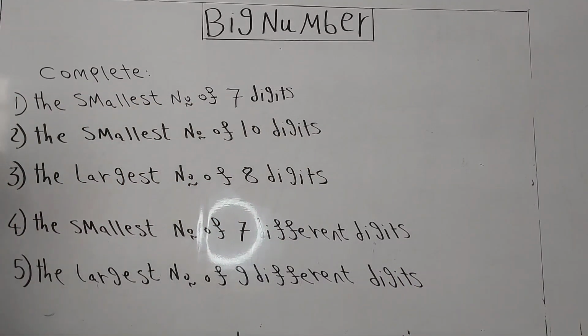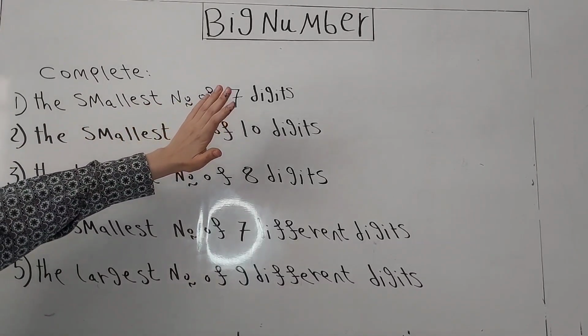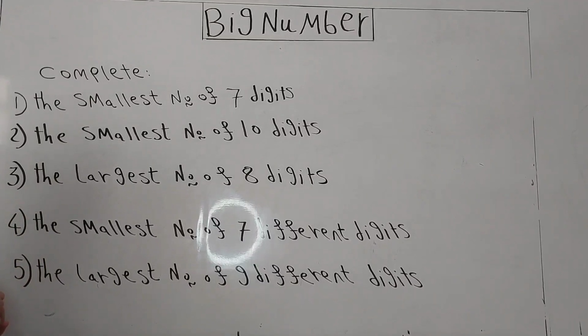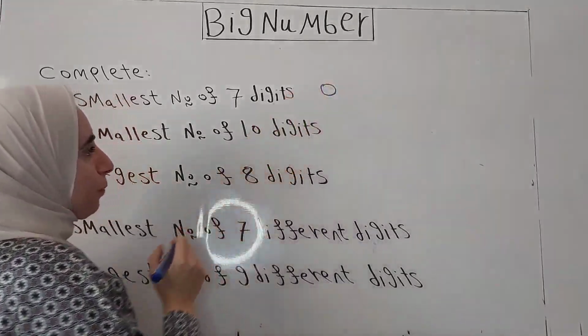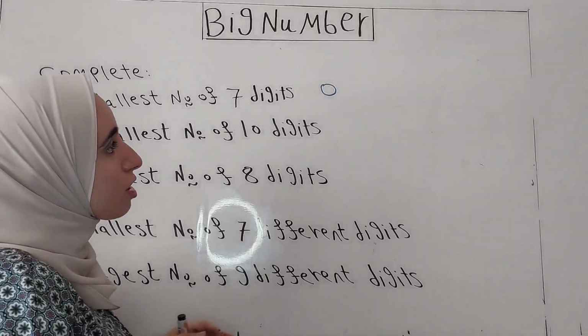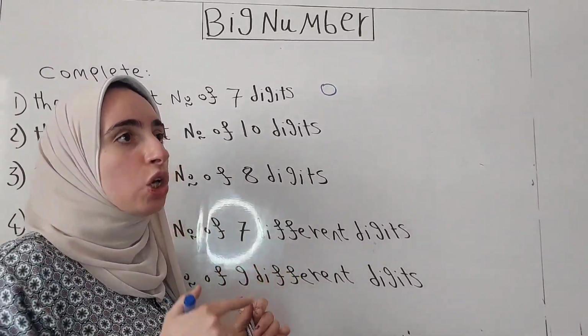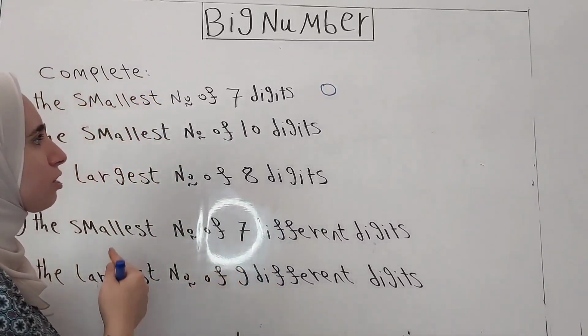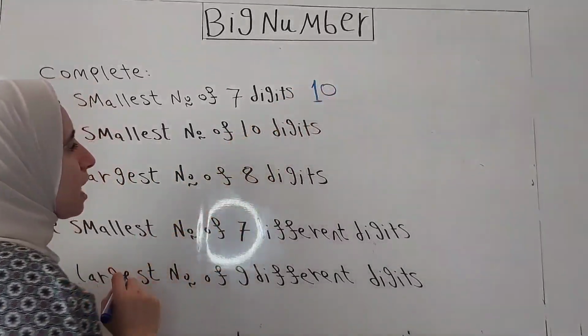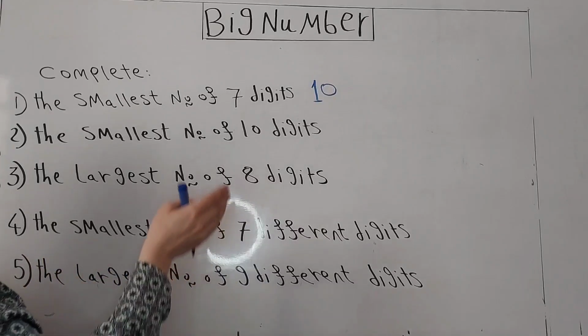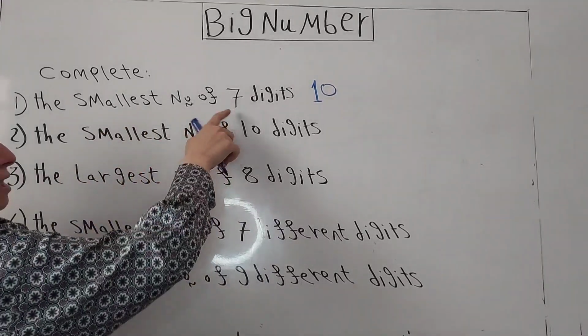The first one, we need to write the smallest number of 7 digits. Which digit is smaller? 0. Yes, 0. But 0 on the left has no value. So we write the next smallest digit, which is 1. Then we complete the digits with zeros. We need 7 digits.